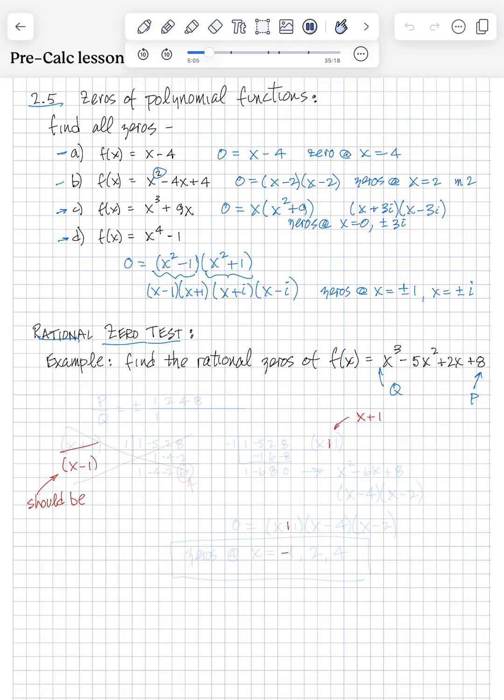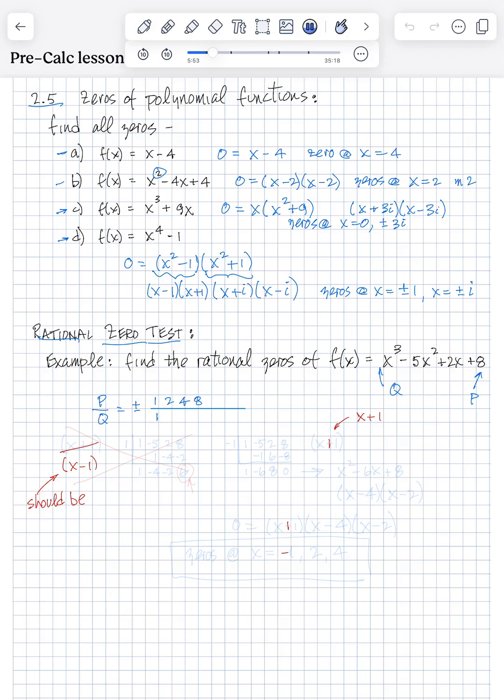Then we're going to set up a ratio of p over q equals plus or minus, then we draw a line, and in the numerator we list all of the factors of p, which is 8. So all the factors of 8 are 1, 2, 4, and 8. In the denominator, q, we list all of the factors of the coefficient of x cubed, so that's just 1.